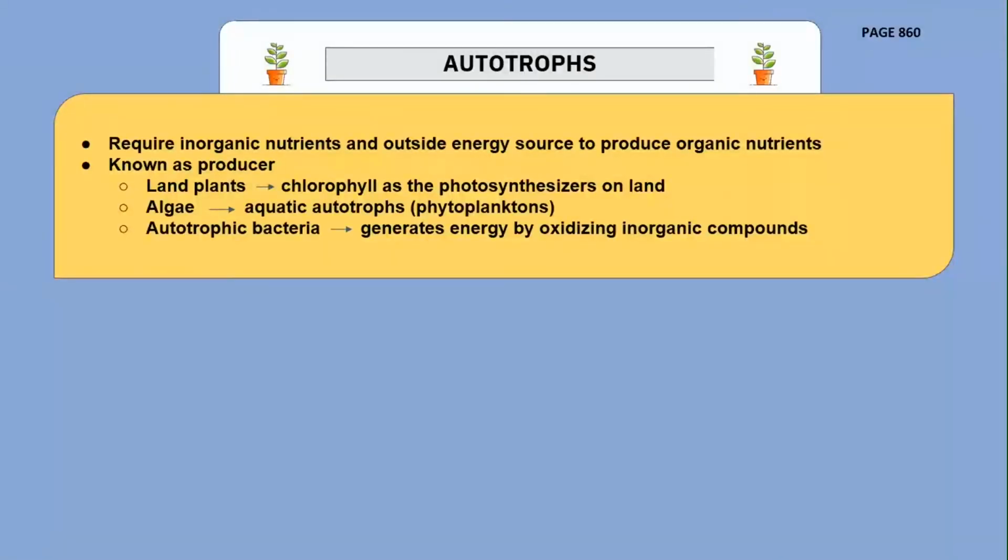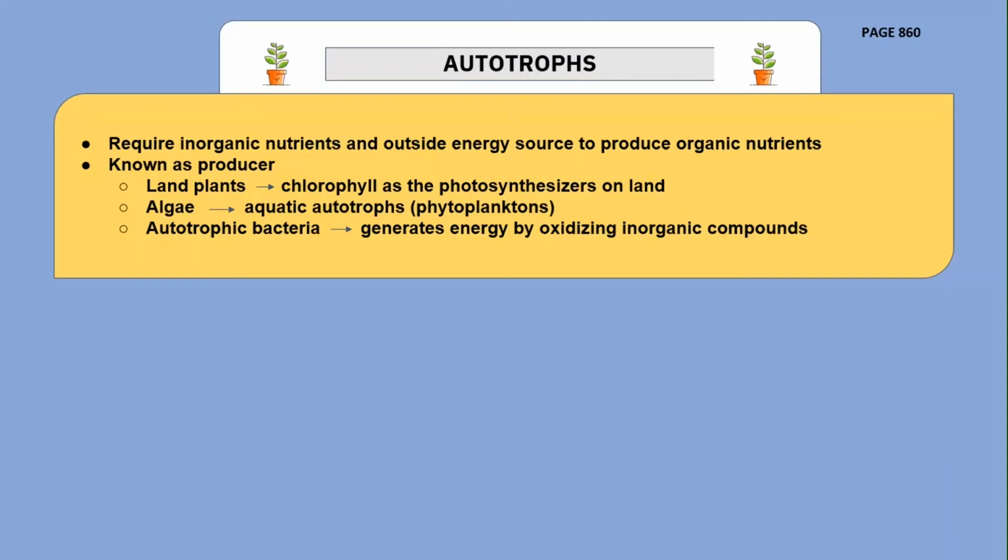Now we talk about autotrophic bacteria. Some autotrophic bacteria are chemosynthetic. They obtain energy by oxidizing inorganic compounds such as ammonia, nitrates, and sulfides, and they use this energy to synthesize organic compounds.